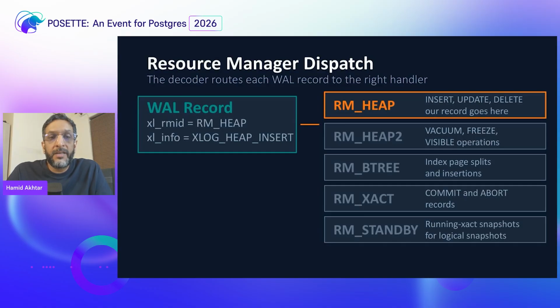It knows it has additional information about how that resource manager should interpret that particular WAL record, which is provided in xl_info. So it's an insert in our case. So it invokes the resource manager for heap, giving it the WAL record and the info.